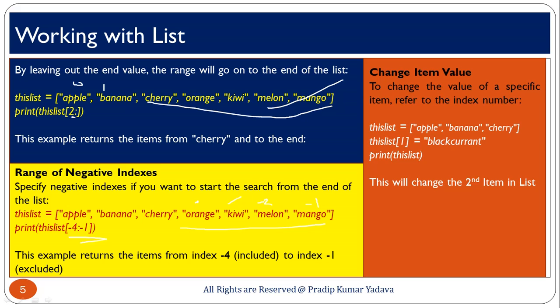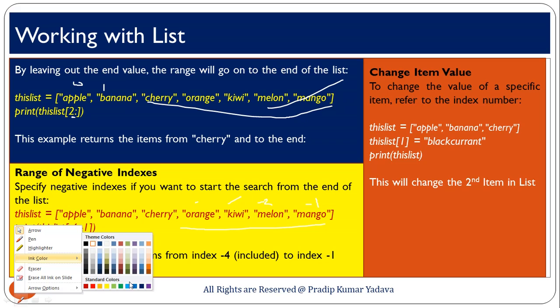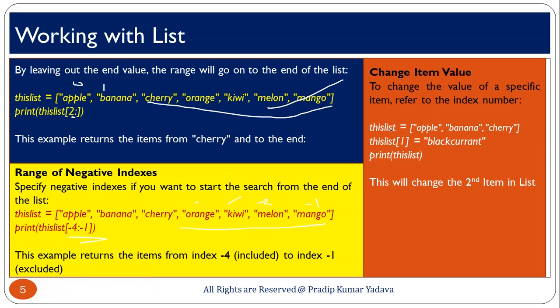And suppose you want to change the value in any list, suppose there is a list here, you can see the example, and this is a list, okay. If you want to change this item, you can change it by using the index, because here the index is 0, 1 and 2.